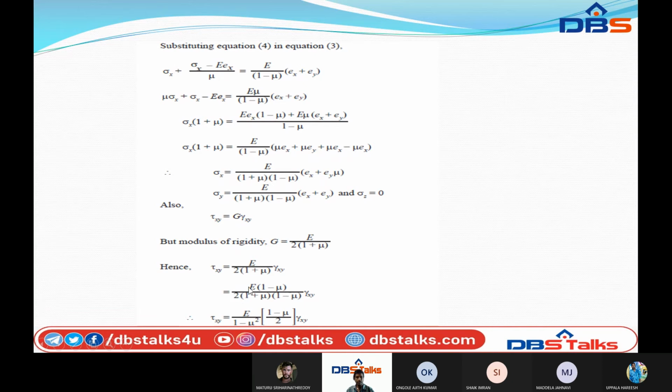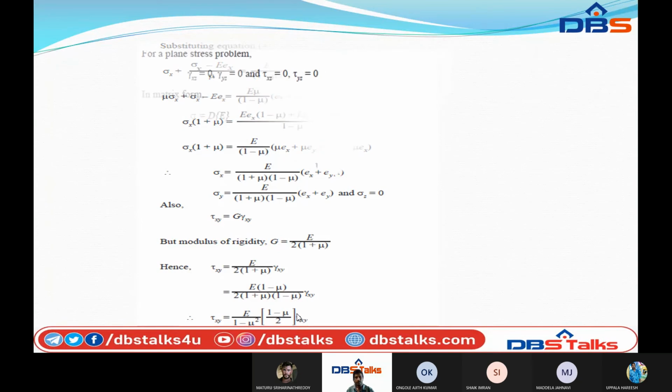After that, I'm multiplying the terms of 1 minus mu in the numerator and also the denominator. E into 1 minus mu, 2 into 1 plus mu into 1 minus mu, gamma xy. After the calculations, tau xy equals, taking E by 1 minus mu square as common, the remaining will be 1 minus mu by 2 into gamma xy.